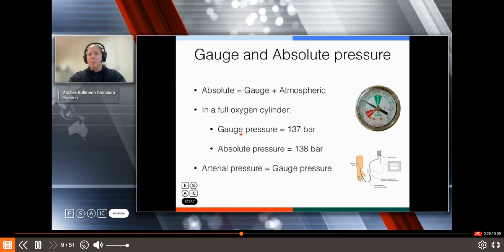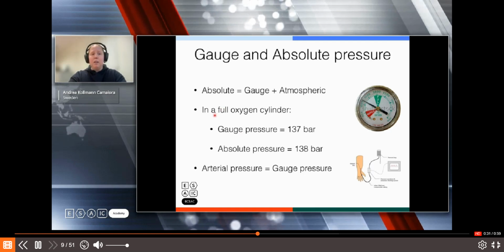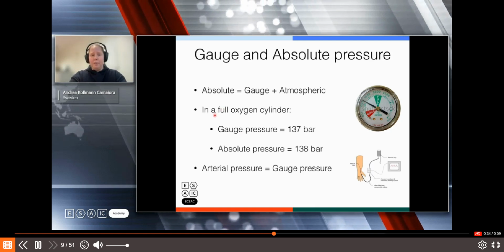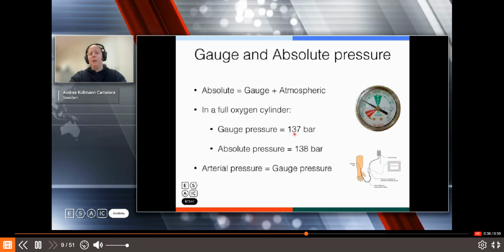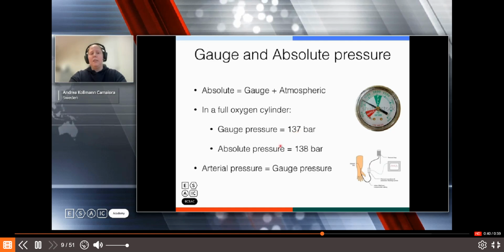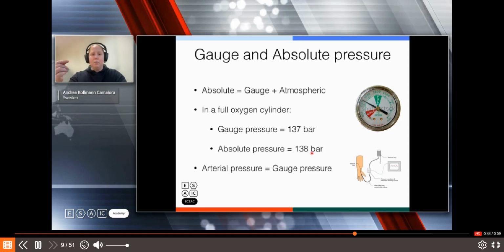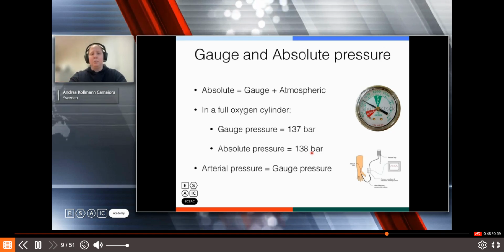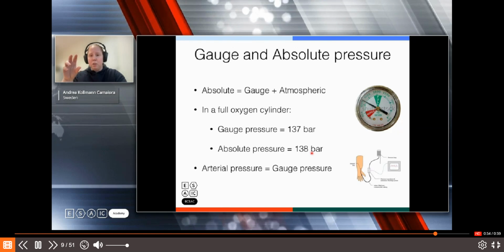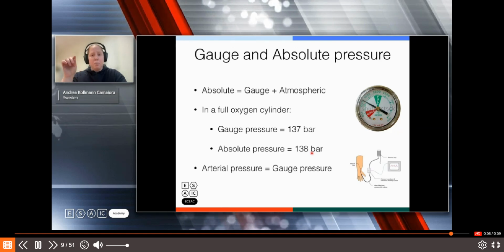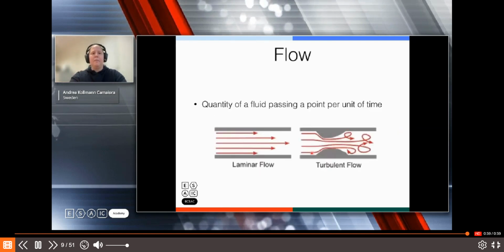And this is also important in cylinders, because in a full oxygen cylinder filled to the max, the gauge pressure, for example, can be 137, but the absolute pressure is 1 atmosphere more, and 1 atmosphere equals 1 bar. So this is important to know, that the cylinder has everything that is shown in the gauge meter plus the atmospheric pressure.